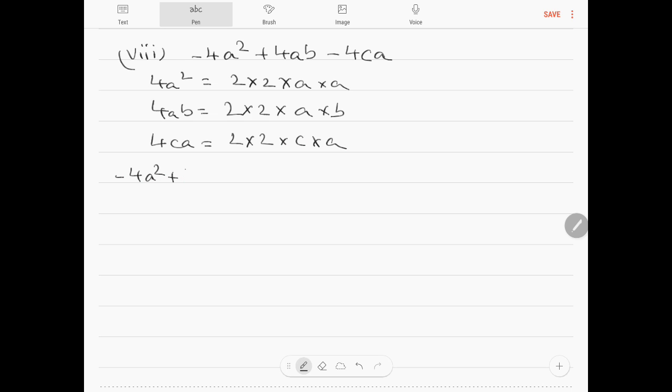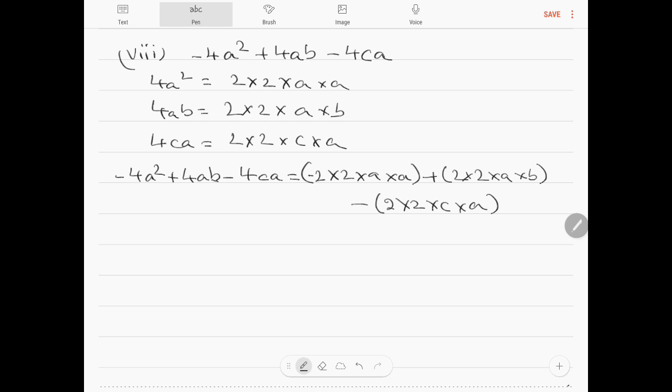Minus 4a square plus 4ab minus 4ca is minus 2 into 2 into a into a plus 2 into 2 into a into b minus 2 into 2 into c into a.